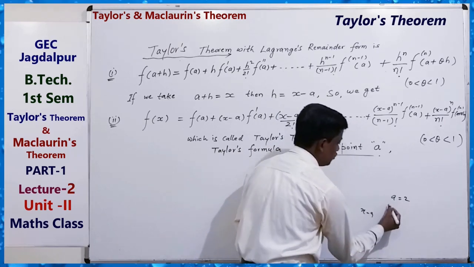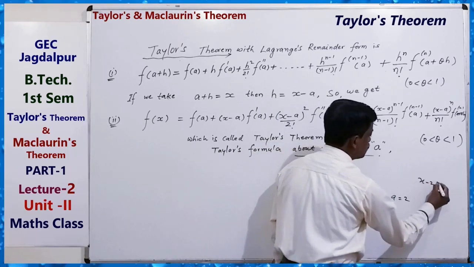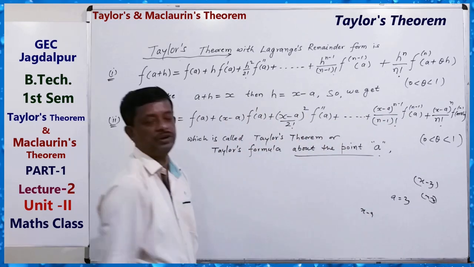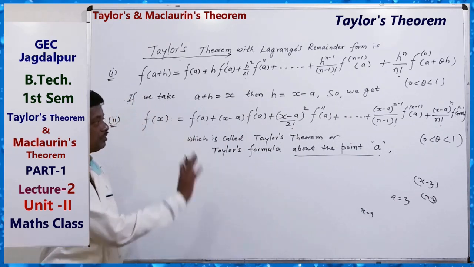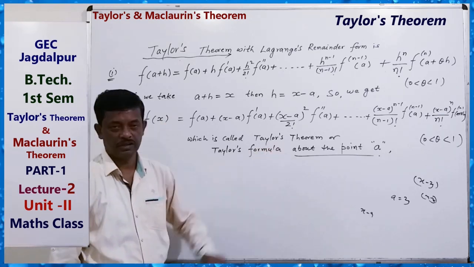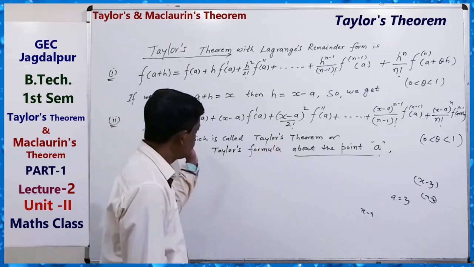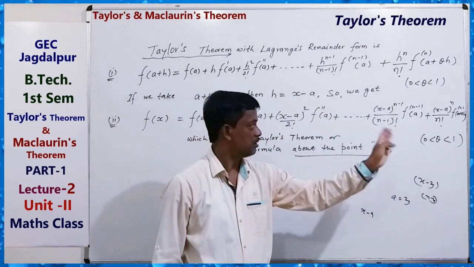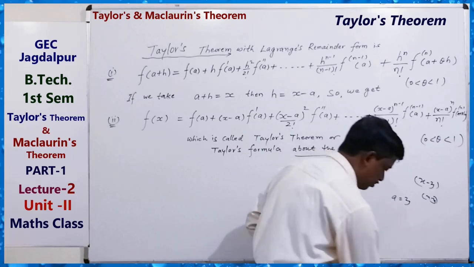A equals 2, then powers of x minus 2, x minus 2 whole power 3, then power 3. So just about the point a. This is Taylor's theorem or formula about the point x equals a. The function can be expanded in the powers of x minus a, up to this term, this Taylor formula.